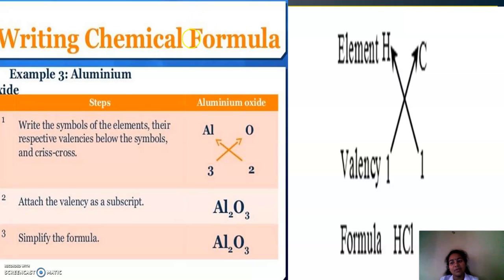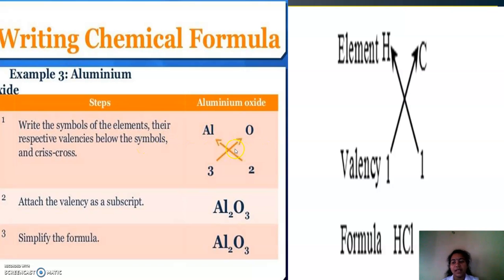Write the chemical formula of aluminium oxide. How can you write it? Aluminium oxide is made up of two elements, aluminium and oxygen. The first step is to write the symbols. What is the symbol of aluminium? It is Al. What is the symbol of oxygen?